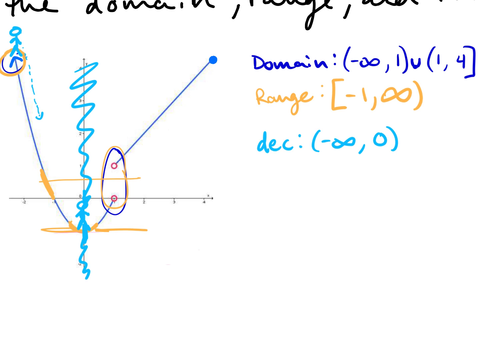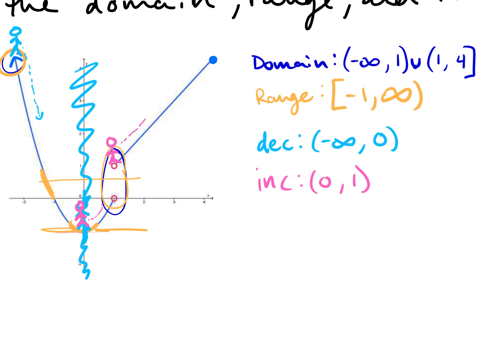Now at 0, do we start walking uphill or downhill? Uphill until where? Until 1. So we'd be increasing from 0 to 1. And then after 1, we have to jump a little bit, but we go up here. And then what happens?